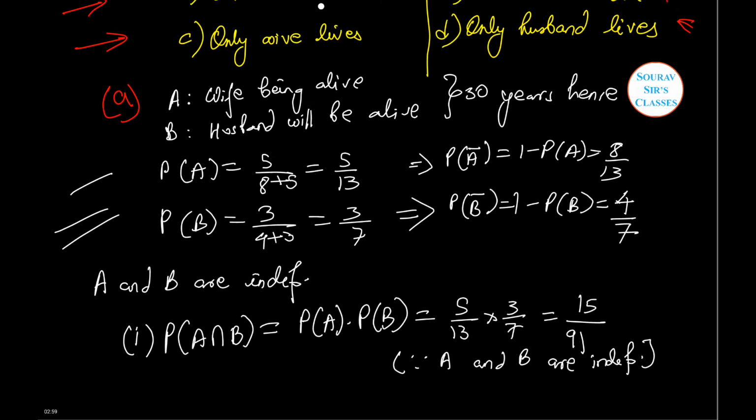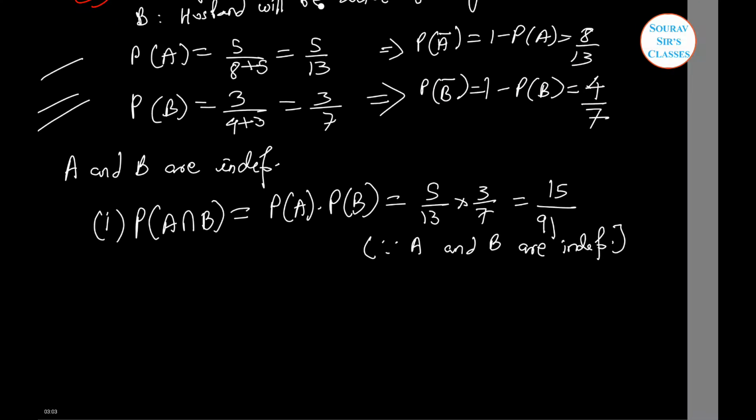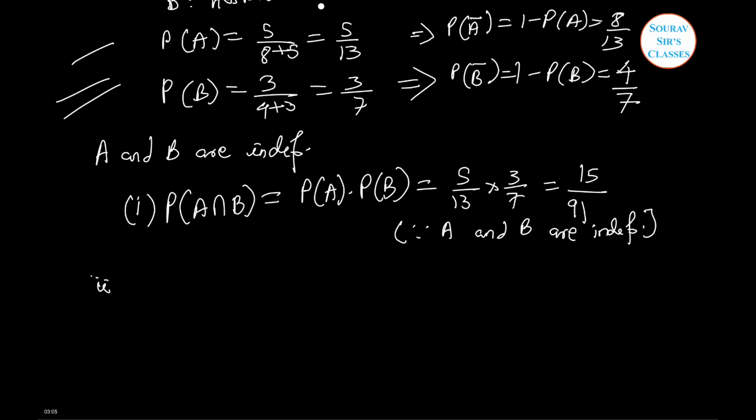Now the next question is none remains alive. That is the worst possible case, that both die. So in this we find probability A complement, that the wife dies, and B complement, that the husband dies. Since it's both dying, we find the intersection of these sets, that is probability A bar and probability B bar.